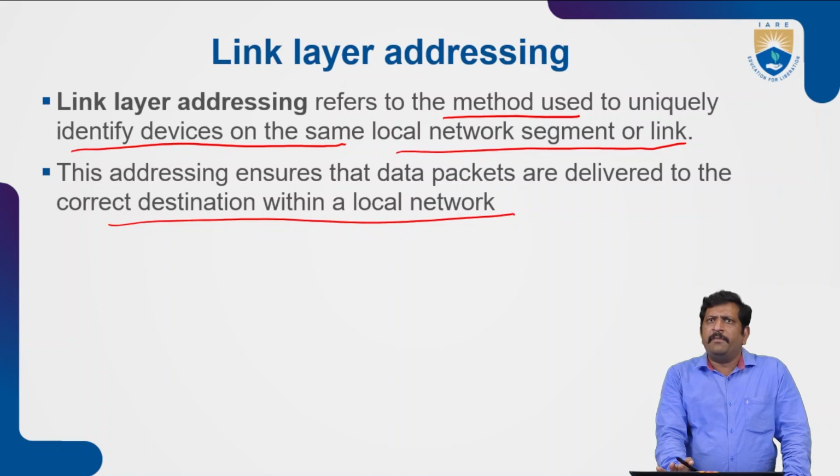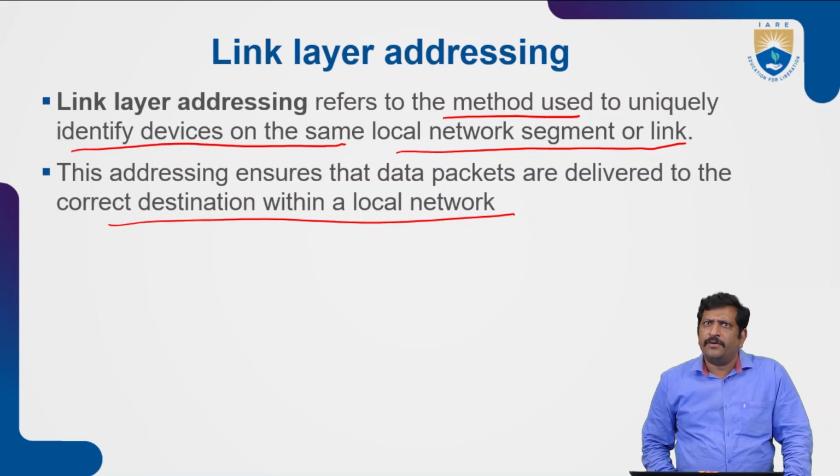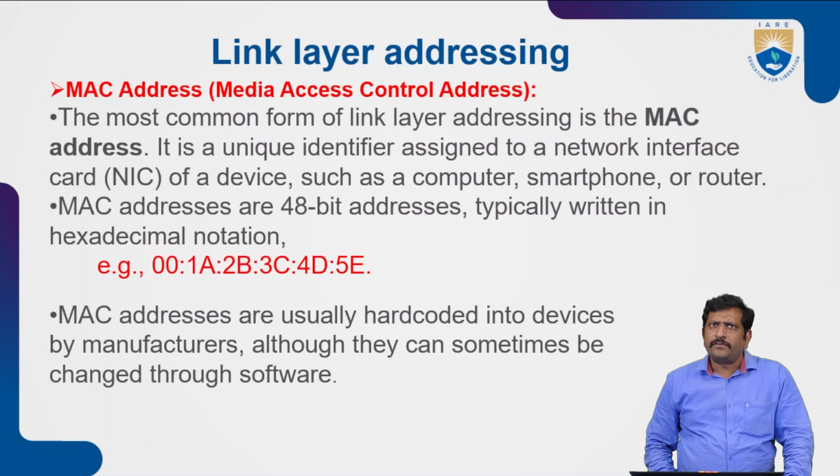By identifying the MAC address of a particular device, we can effectively transfer data packets to the intended device over the local area network. So this is about link layer addressing.